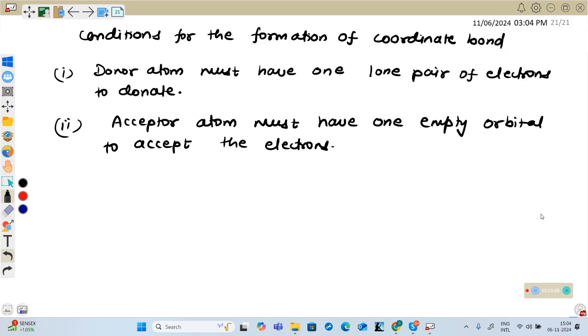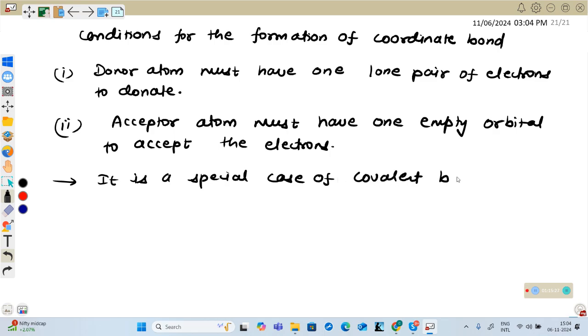It's a special case of covalent bond only. So all the characteristics of covalent compounds are shown by compounds having a coordinate bond.